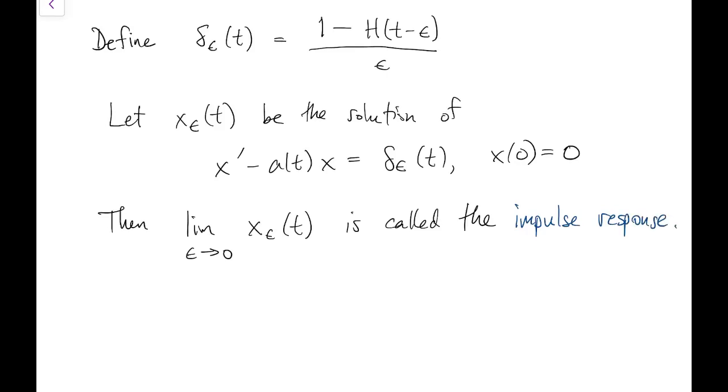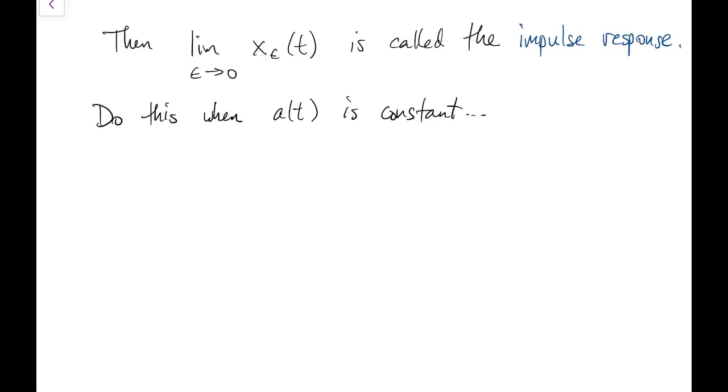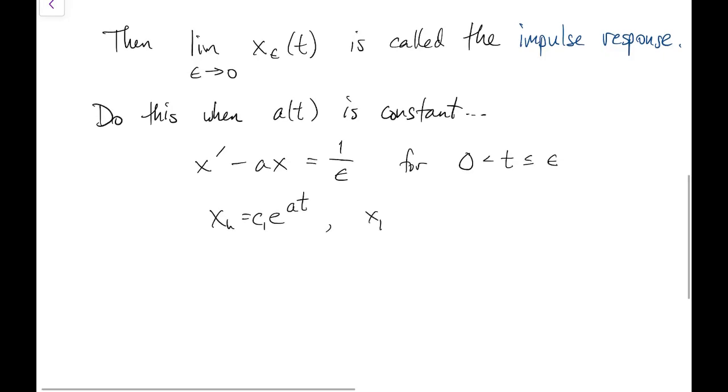We can work out all the details for this when the coefficient a of t is constant. From time 0 to epsilon, the forcing is at a constant 1 over epsilon. So we need a homogeneous solution and a particular solution that has to be constant.